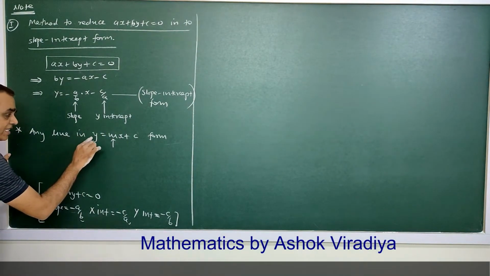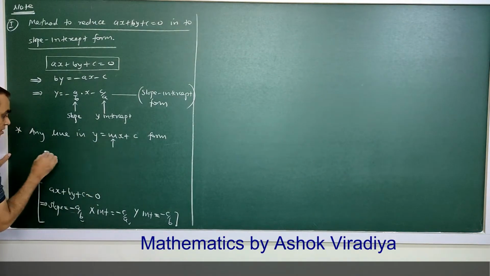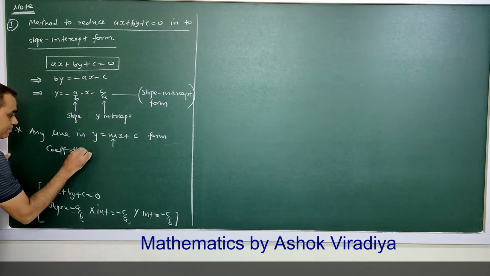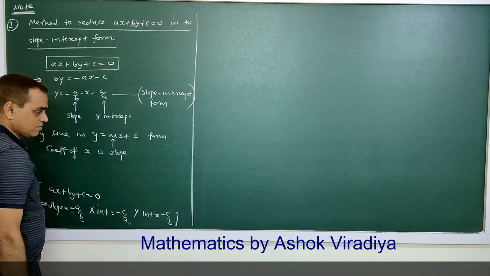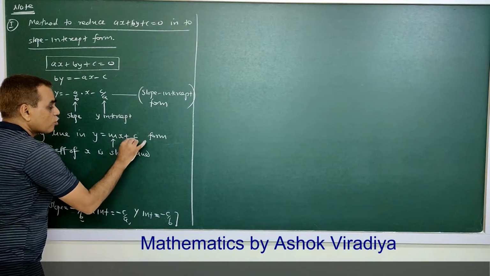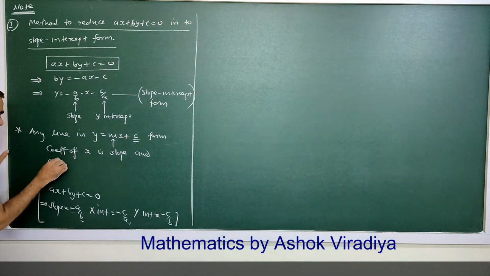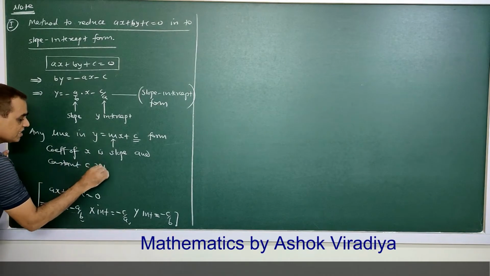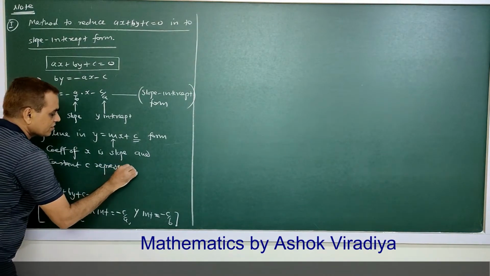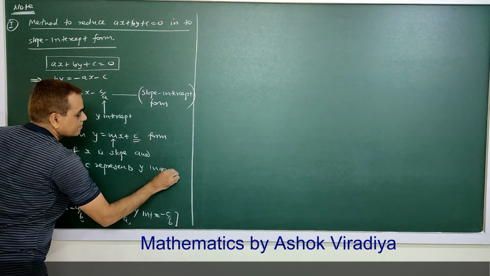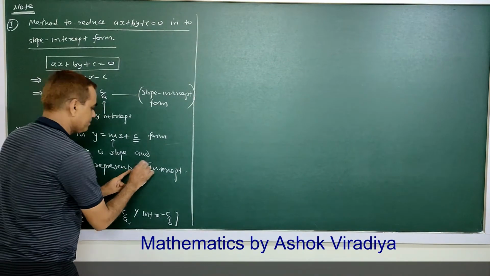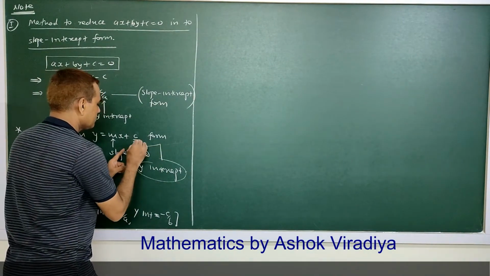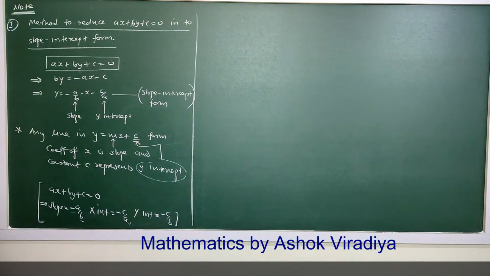So any line in y equal to mx plus c form, the coefficient of x is the slope, and the constant c represents the y-intercept. So this is the y-intercept. So keep this point in mind.